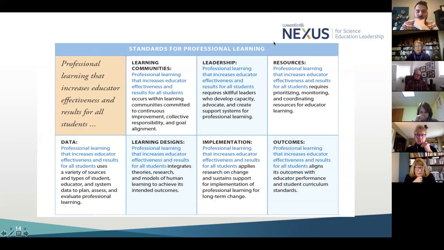Any of us trying to design Next Generation Science Standards professional learning should ensure that our work is linked to and reflecting these standards. There are links to these resources within the framework document, as well as on the NEXUS website.